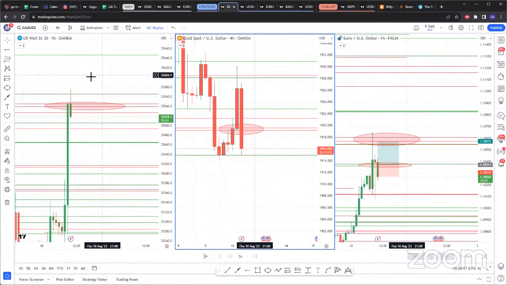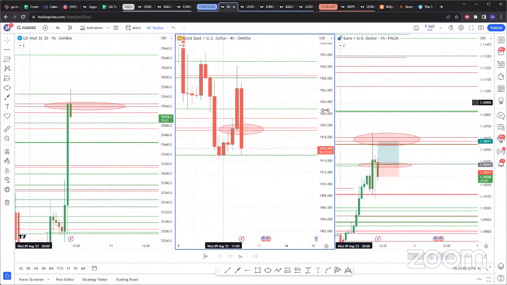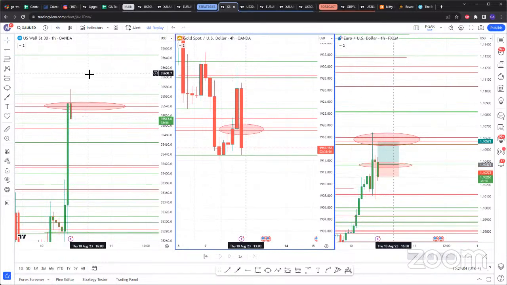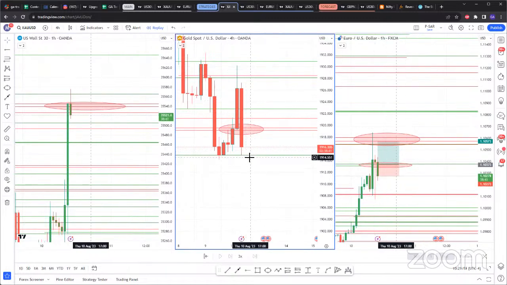I normally start on the hourly. Am I seeing any double entries? If I don't see that, I go to the 4 hours, so in my mind I know 4 hour candles close at 9:15 p.m. and it repeats. So for example, this gold entry: if this 4 hour candle closes here, I know the next 4 hour candle is going to open at 1 p.m. Eastern Standard Time.